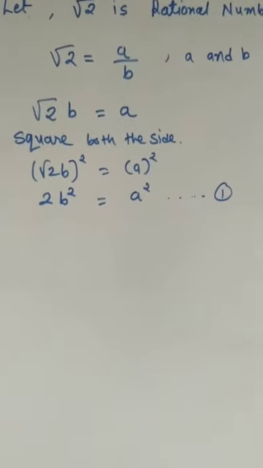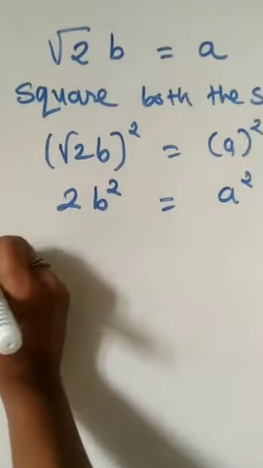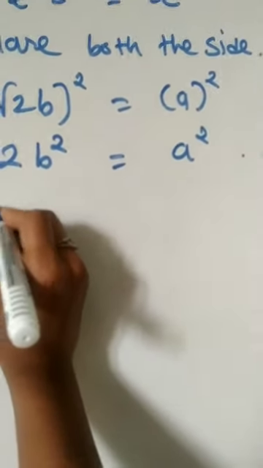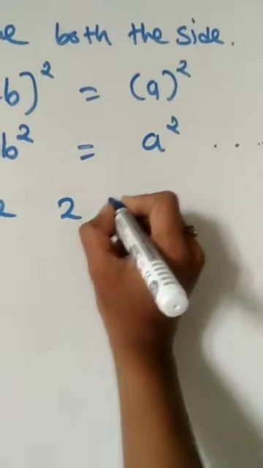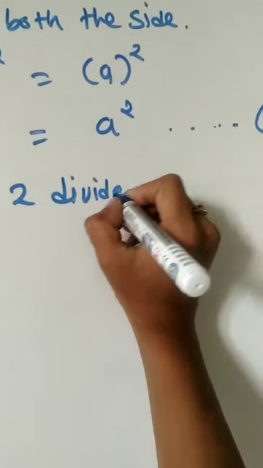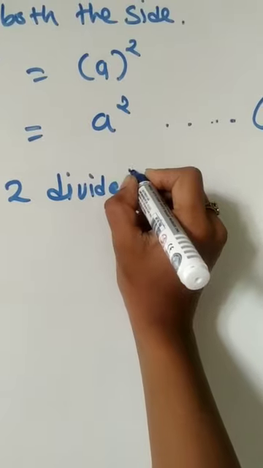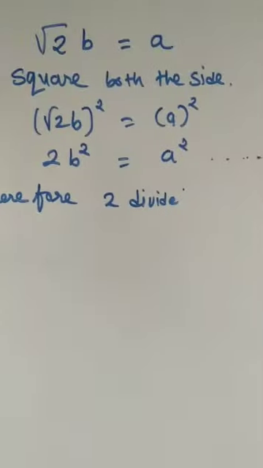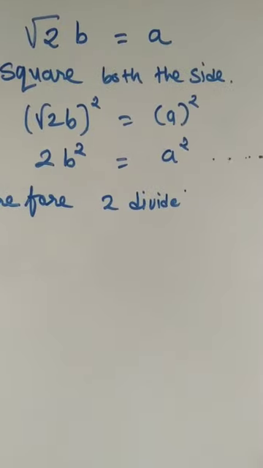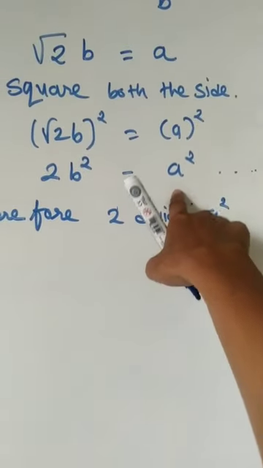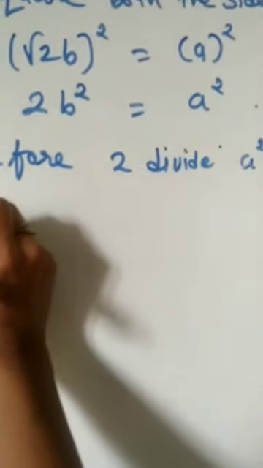Now here a very important line we will write, that is, therefore 2 divides a square, because it is in multiplication, so 2 can divide a square.